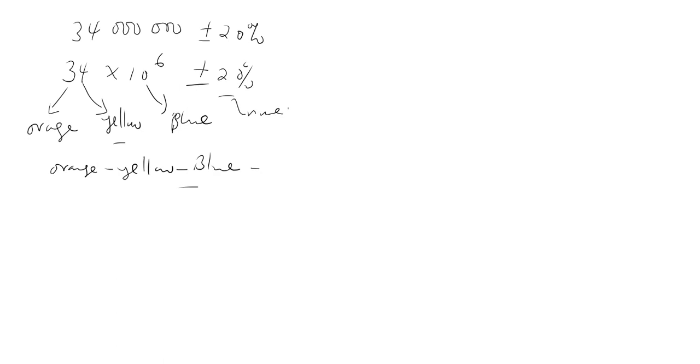So to finish up, let me remind you something about resistor color coding. If you are given, for example, a 5-band resistor, let's say this is the resistor, then we have first band, second band, third band, fourth band, and fifth band.